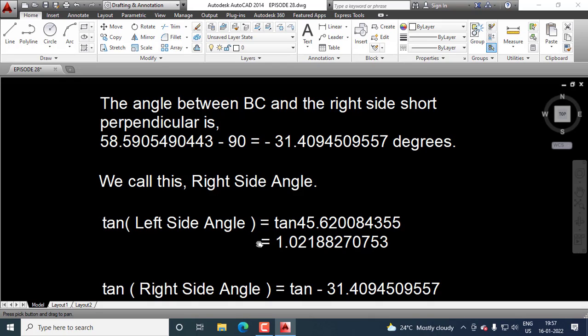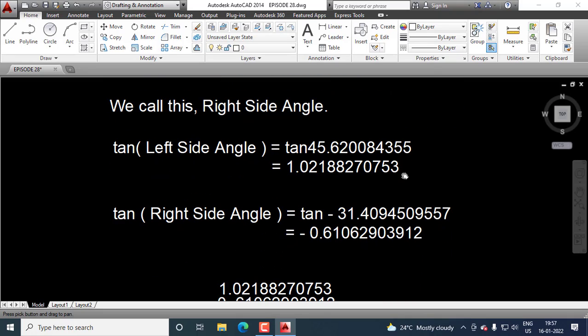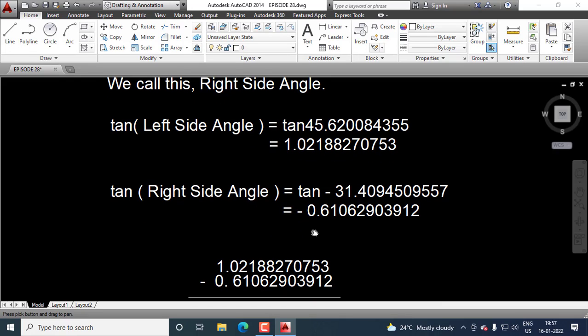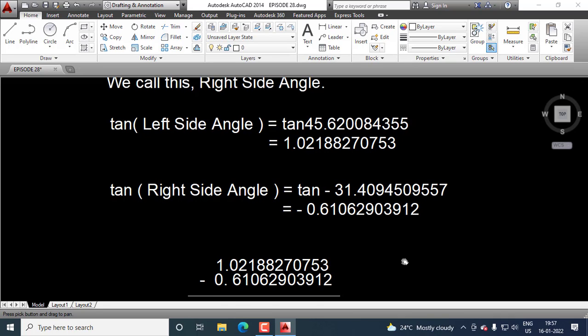Tan left side angle is equal to tan 45.62008435, which is equal to 1.021882707753. Tan right side angle is equal to tan minus 31.4094509557, which is equal to minus 0.610629039112.